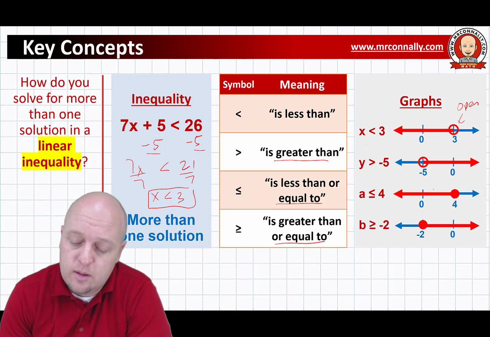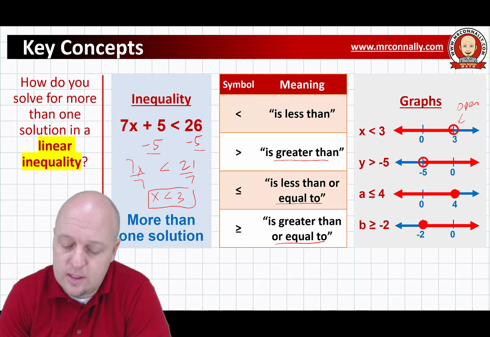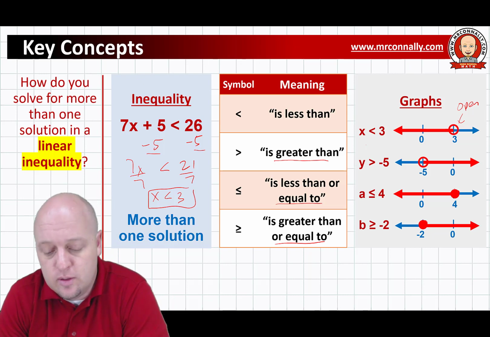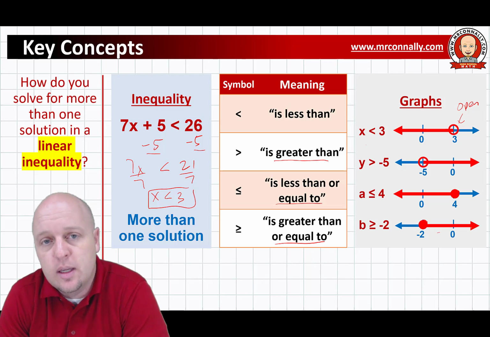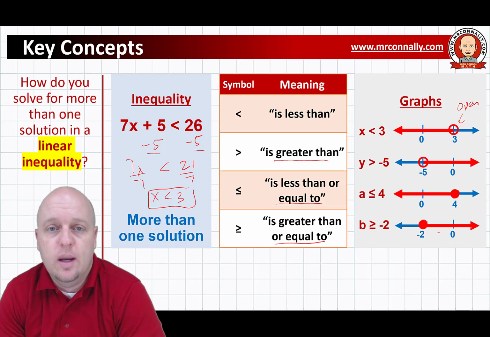You can fill in the dot like we did here. So here's the circle for a is less than or equal to 4. We filled in the 4 and we go to the left because those numbers are less than or equal to 4. And then for b, if the answer is greater than or equal to -2, we would color in the -2 and then go to the right for the numbers that are greater.